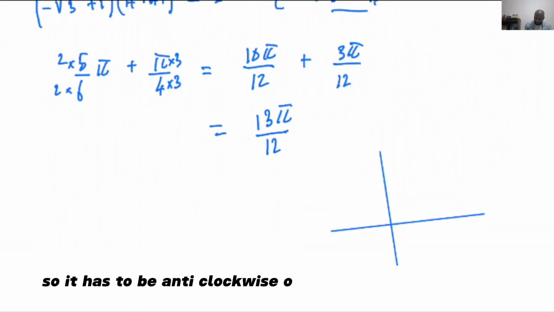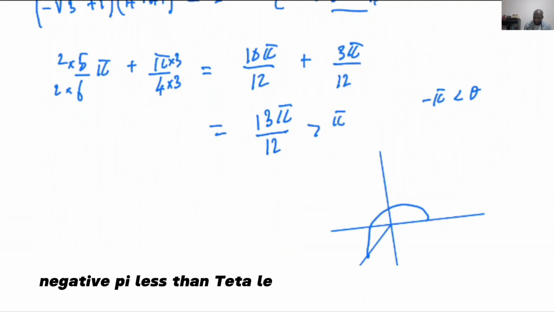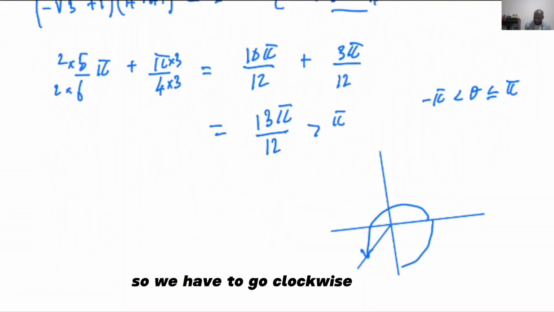It is more than pi, so it has to be in the third quadrant, and this is not within range. Since this is more than pi, and we know that the range should be negative pi less than theta less than or equal to pi, we have to go clockwise.